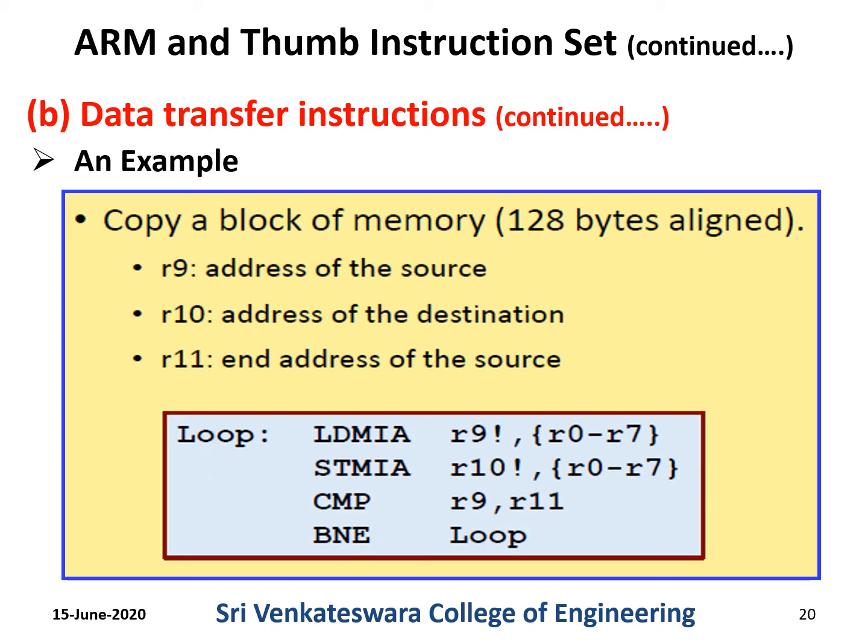If the last address is not equal to the R9 address, then the loop continues. So here at a time 8 bytes are transferred from one set of memory locations to another set of memory locations.